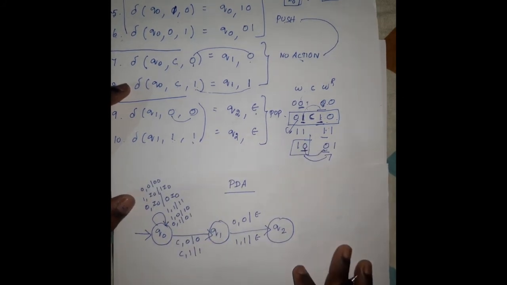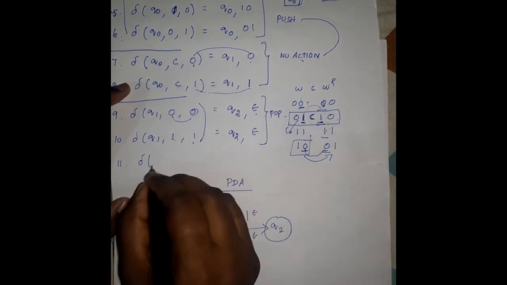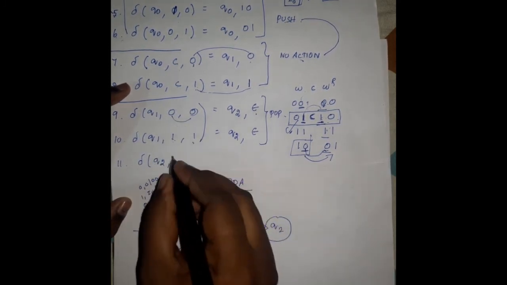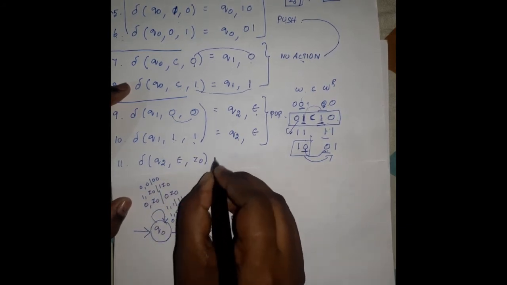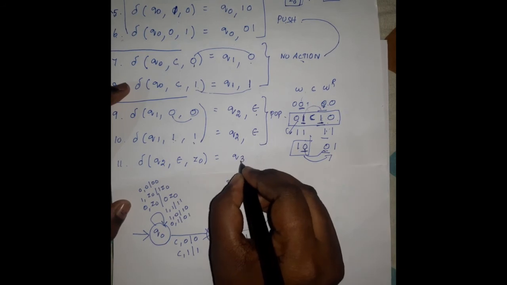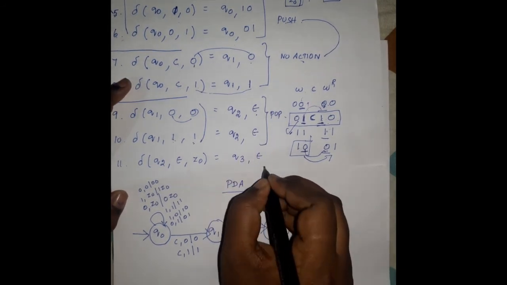And finally after this you have to write the last step here, that is delta of Q2 comma, there is no input symbol, so you write epsilon, and the top of the stack element is Z0. So this is the final state because all push and pop operations are performed. So here the stack is empty.